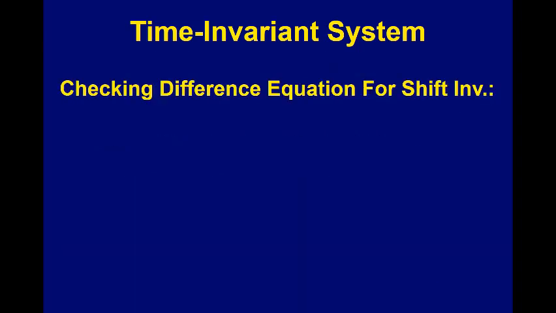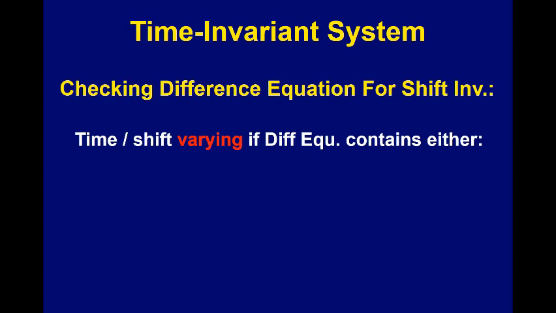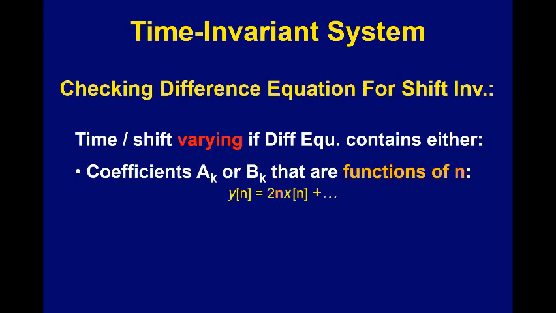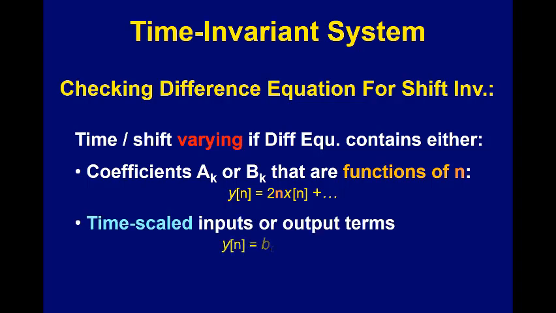How do you check that out of the difference equation? If your coefficients in front of your x's and y's are functions of n, that's a dead giveaway that it's time varying. It also turns out that if you have time scaled arguments, that implies my system is doing time scaling, so it's no longer shift invariant. So no expansion.